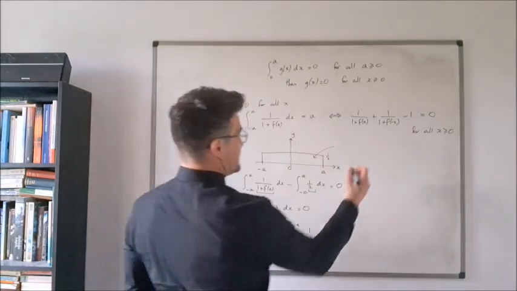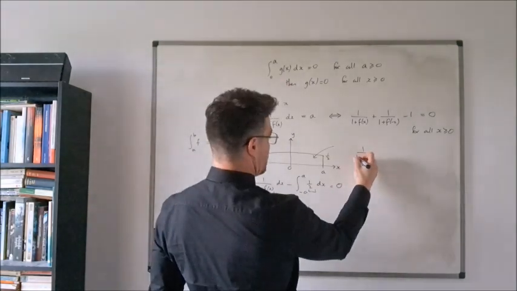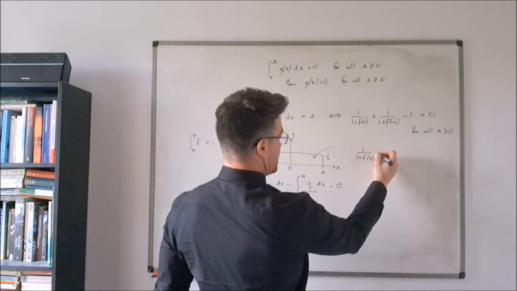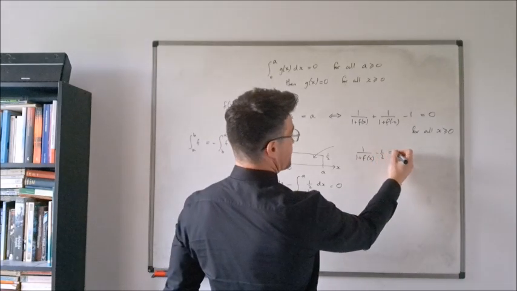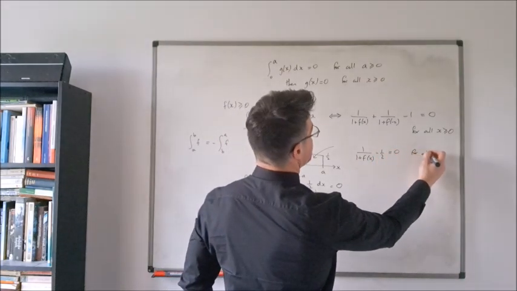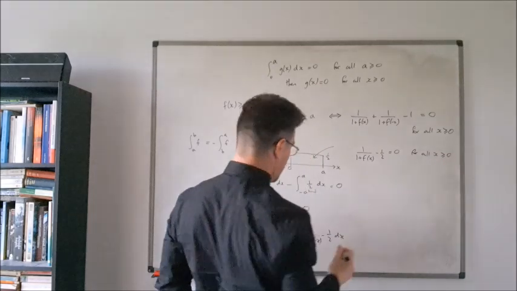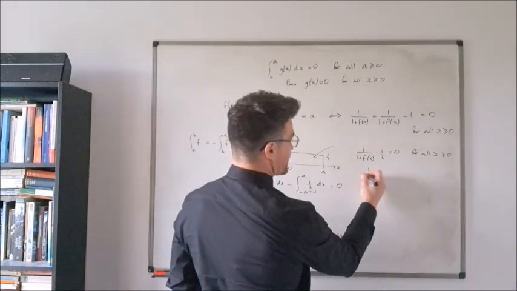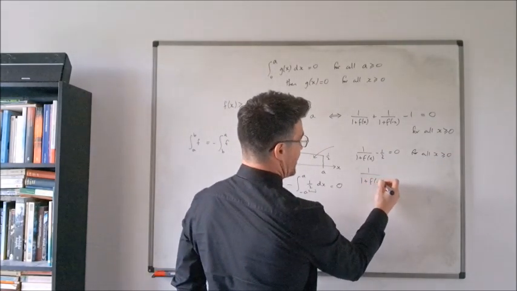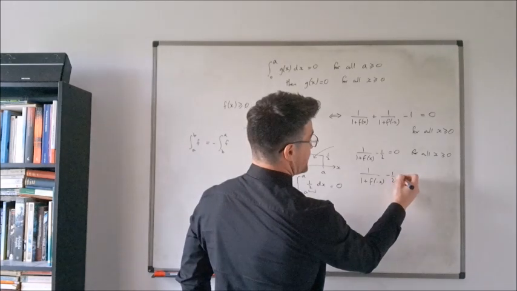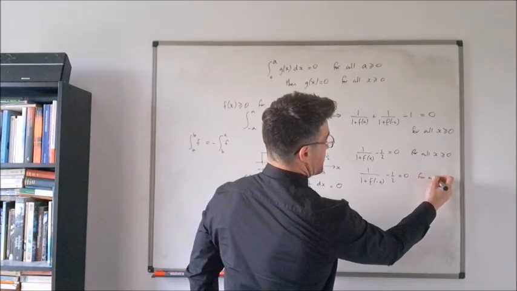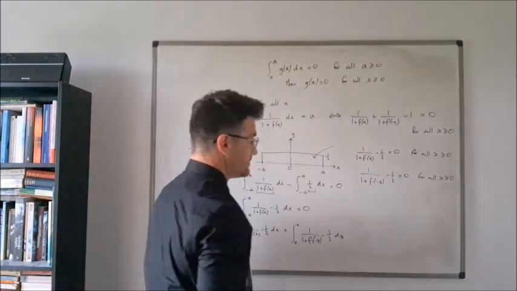Using this theorem, then, it means that 1 over 1 plus f of x minus a half must be equal to 0 for all x greater than or equal to 0. And also 1 over 1 plus f of minus x minus a half is equal to 0, again, for all x greater than or equal to 0.